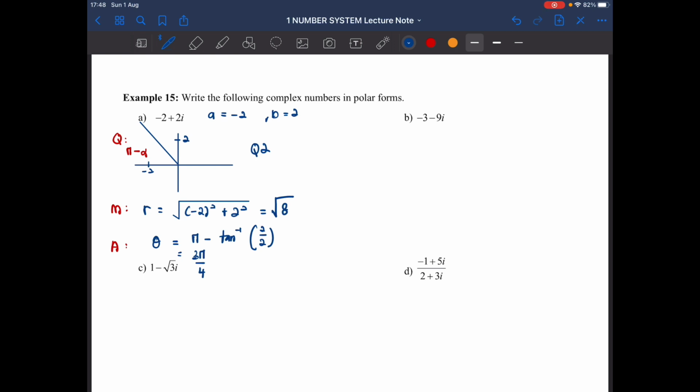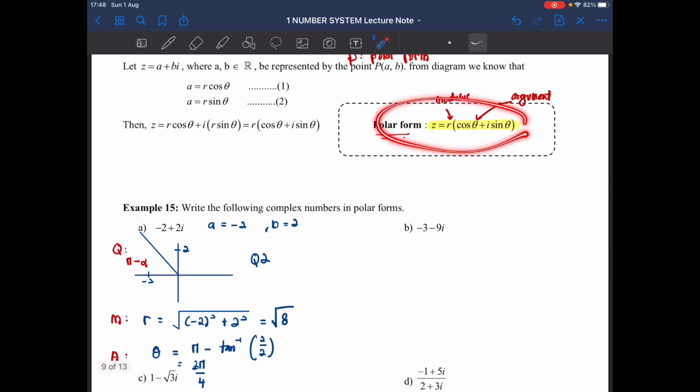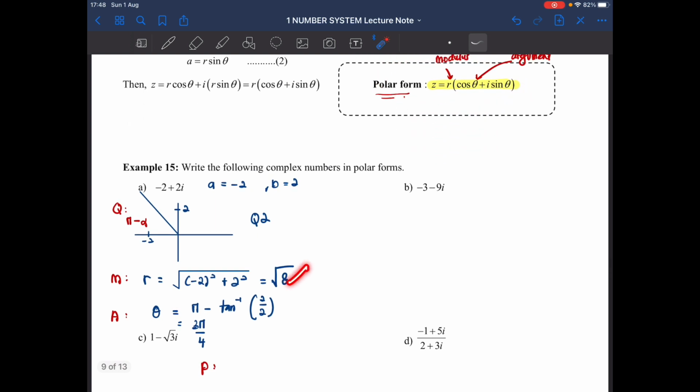Alright. It is not finished yet. The question asks for the polar form. We have the last step. So this is our polar form. As long as you have your modulus and argument, we can just write our polar form.